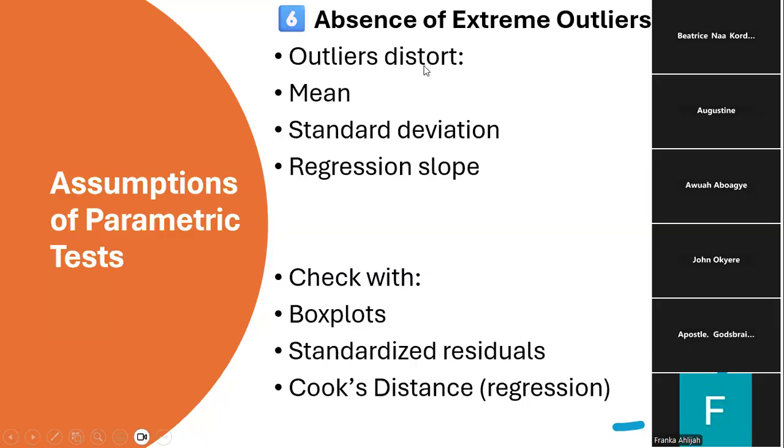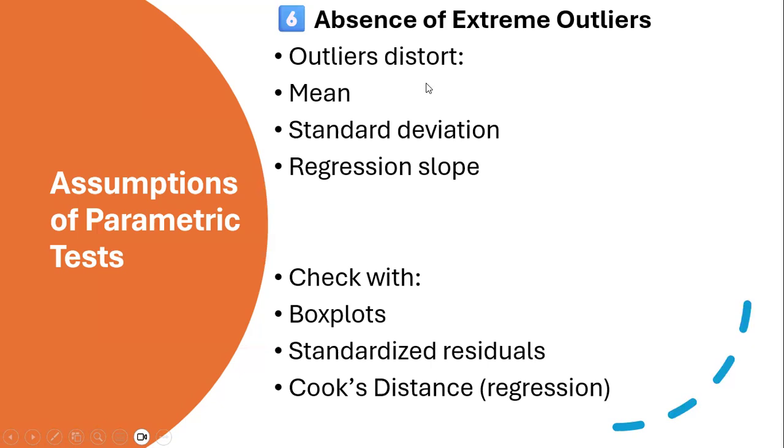So from a statistical point of view, when we say a parametric test should adhere to the assumption of an absence of extreme outliers, it means that there is the likelihood for some of the data points to be extremely high or extremely low.